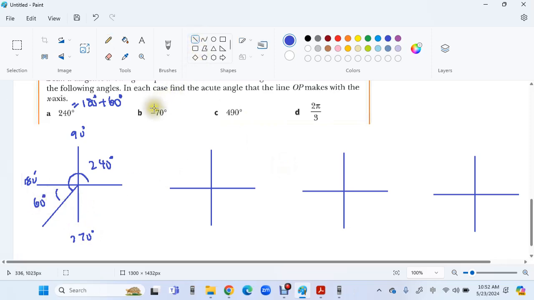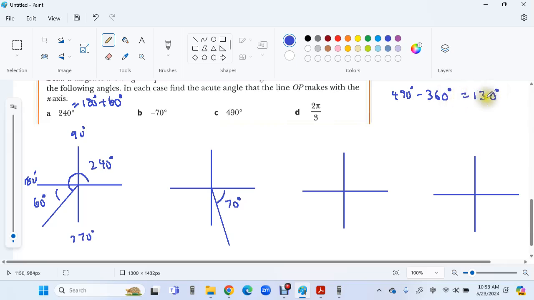Then we have the negative 70 degree, then it will be this. So from here to here, 70 degree. Then this is negative 70 degree. Then 490 degree. So we know that one complete circle is 360. So 490 minus 360, then we have 130.